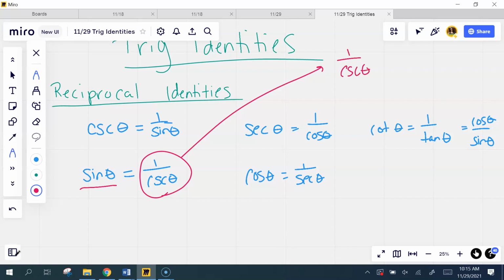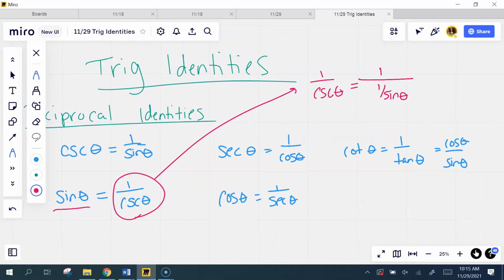What did we say cosecant theta was? 1 over sine, right? Instead of dividing by a fraction, I multiply by the reciprocal, and I come back to just sine theta. That's what I meant by showing you how they work and why they work. Or I can just give it to you.